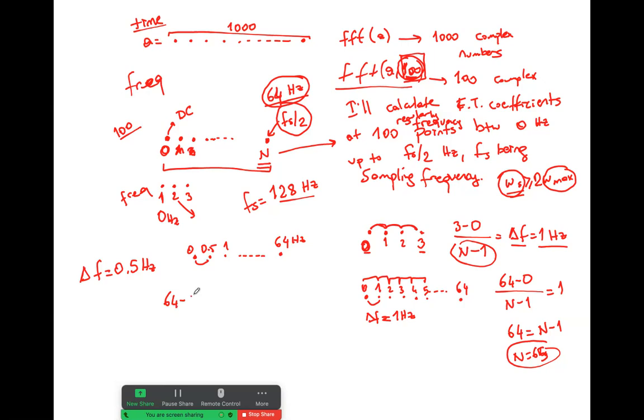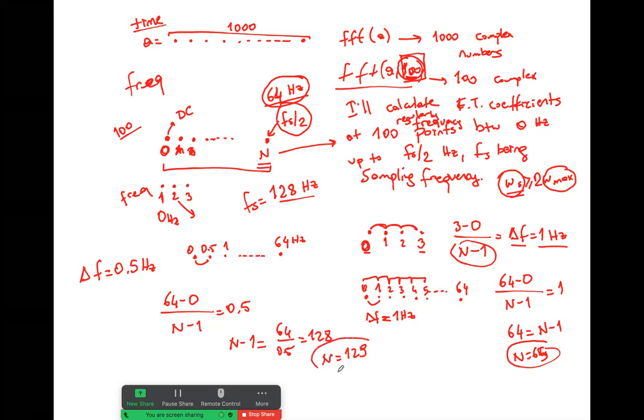What will I do? 64 minus 0 divided by n minus 1 is equal to 0.5. So n minus 1 is equal to 64 divided by 0.5, which is 128, so n is 129.